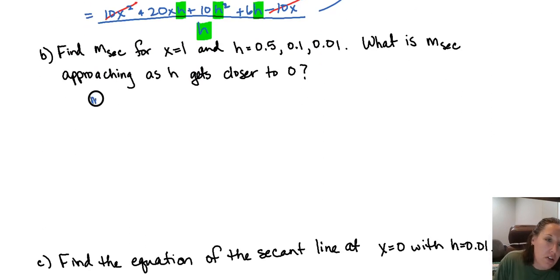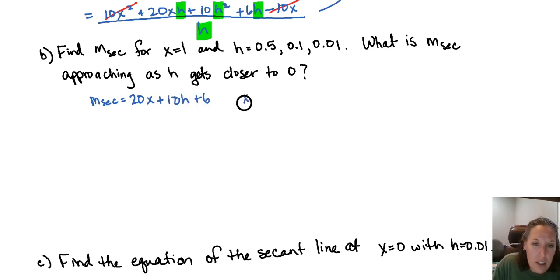So we have our slope of our secant line is going to be equal to 20x plus 10h plus 6. We're going to let x equal 1 on all of these, and then we're going to have a couple of different values of h. So we're going to have h at 0.5, h at 0.1, h at 0.01. Our x value is going to be 1 on all of them.